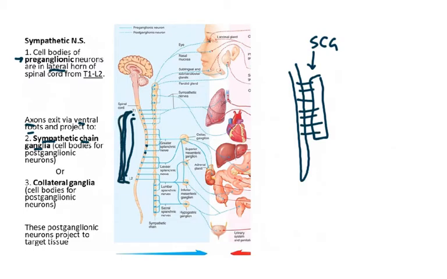So the sympathetic chain ganglia are this line of ganglia where the postganglionic neuron is found. This is the neuron that I think should just be called the ganglionic neuron because its cell body is, in this case, in the sympathetic chain ganglia.